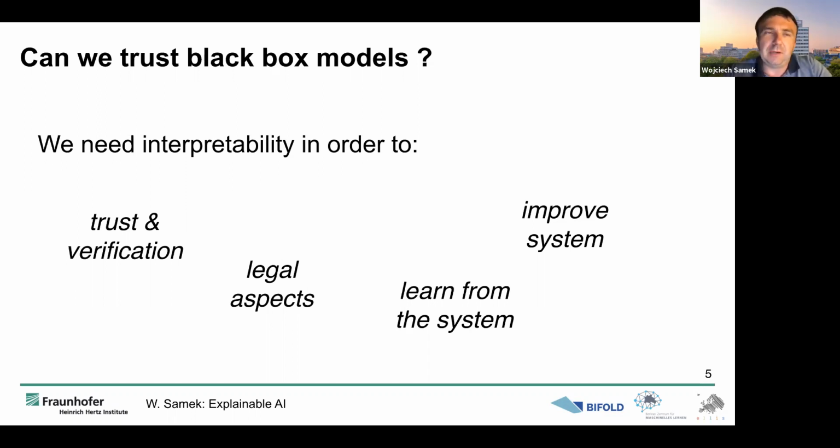You may want to verify that the model really does the right thing. But there are also legal aspects, especially in Europe. People are talking about the right to explanation. If a machine learning model is making a prediction which affects, for example, humans, you as a human may want to know why the model arrived at its decision.